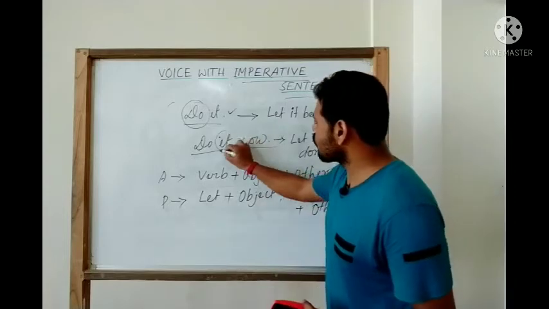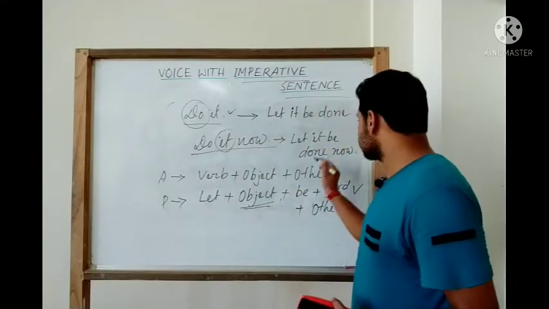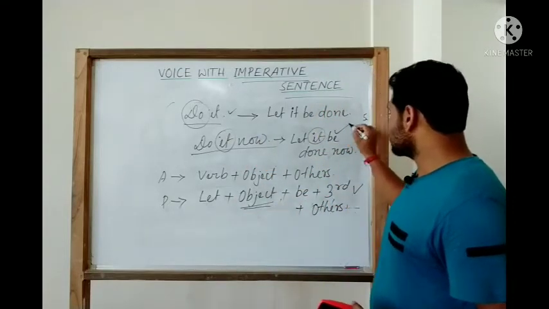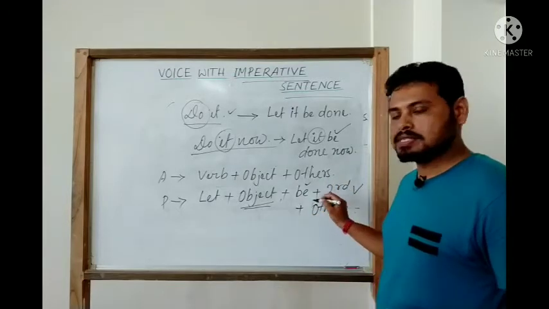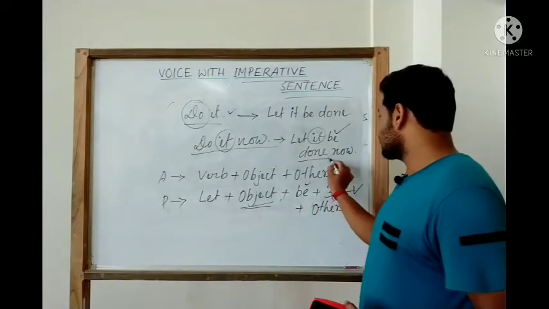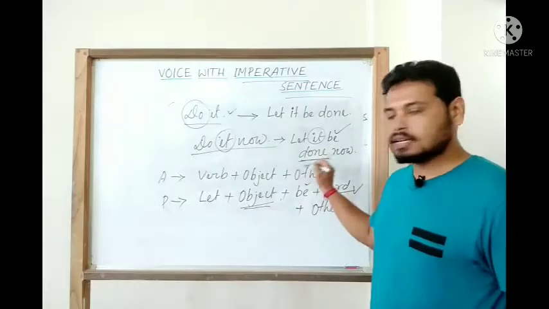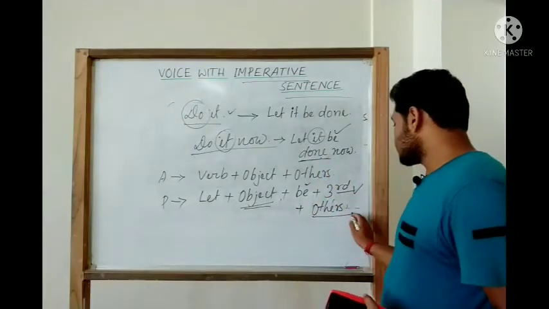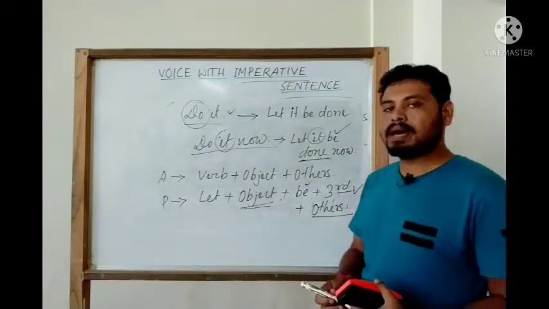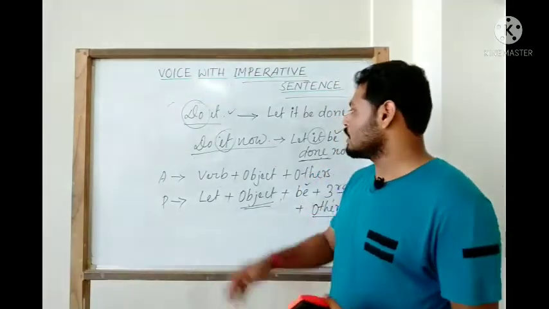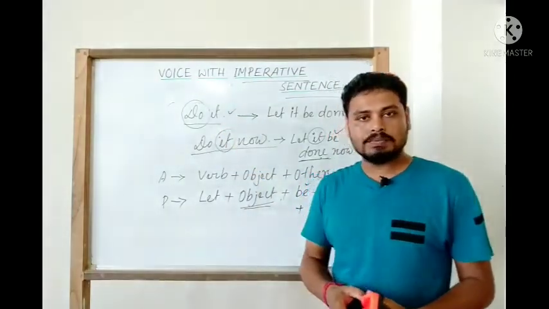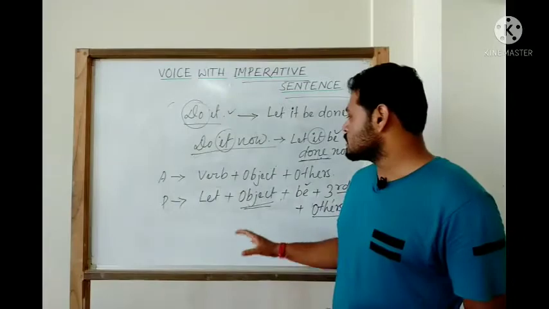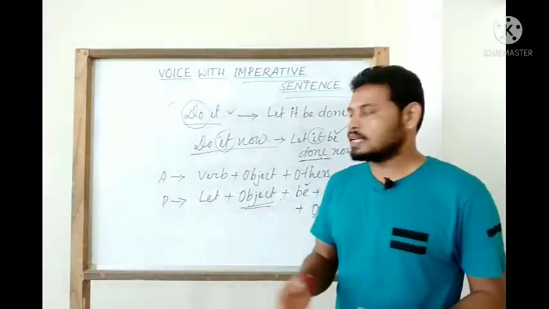And this particular object we have to use here. You see the object. Then be, one particular be we have to use. Then third verb, done. Do, did, done. The third verb and the others. So this is one kind of imperative sentence that starts with a verb having an object with it. So it should be changed like this by using let.